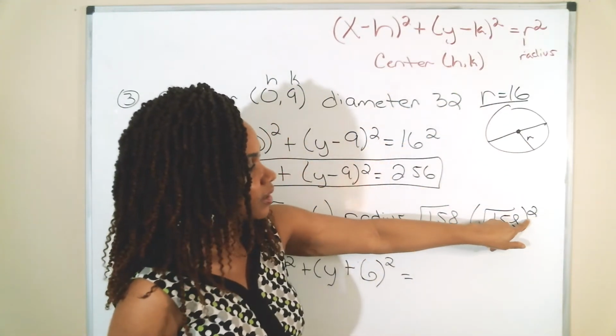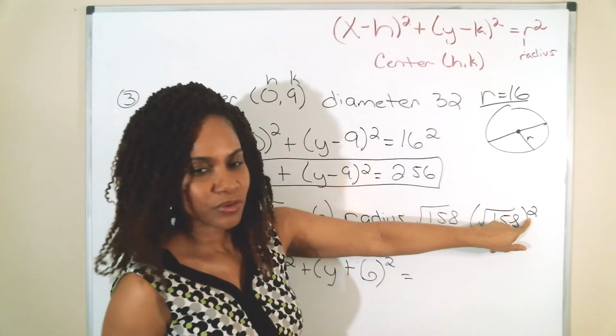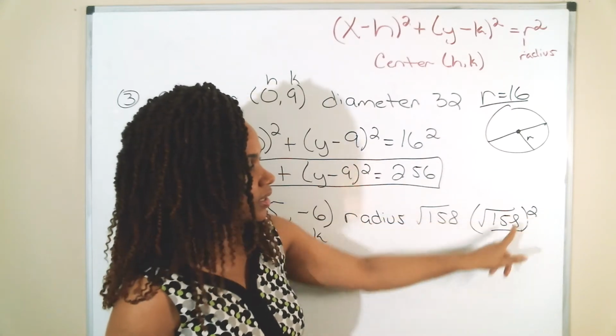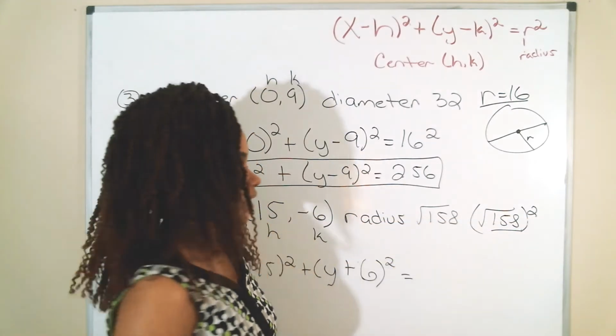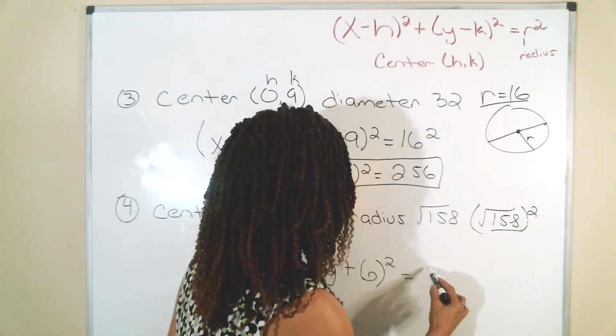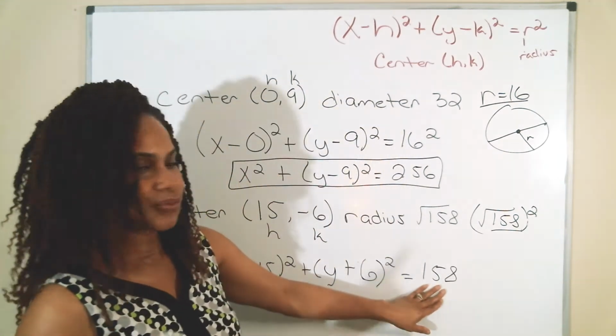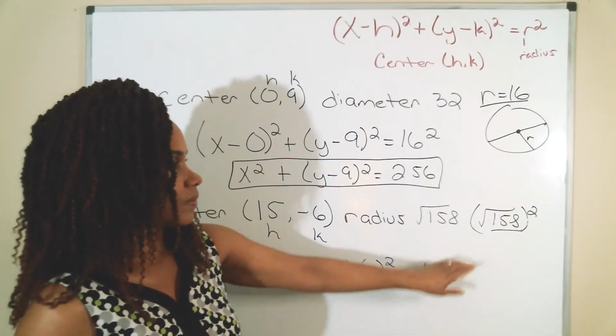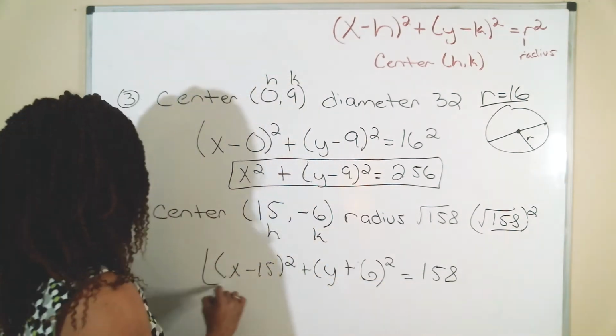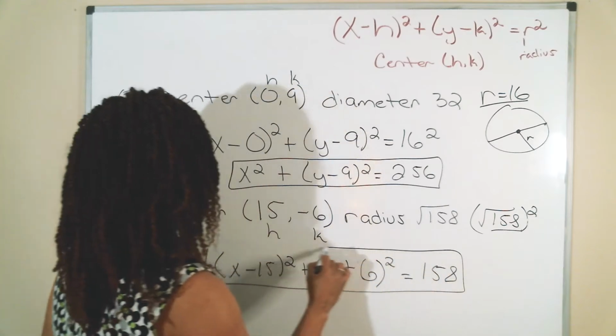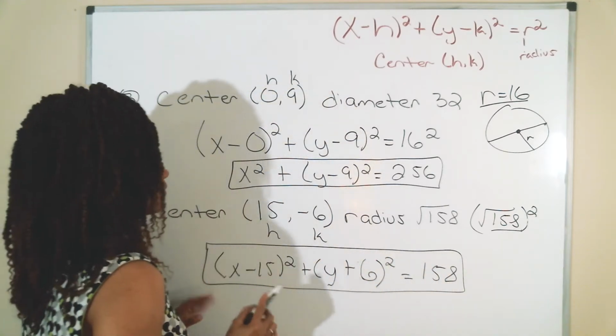If we raise this square root of 158 to the second power, it's going to eliminate that radical. So it would just be 158 because we raised it to the second power. All right. And that is our equation in standard form.